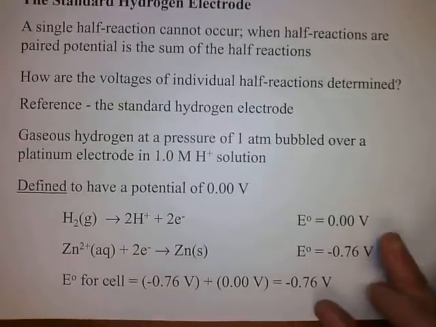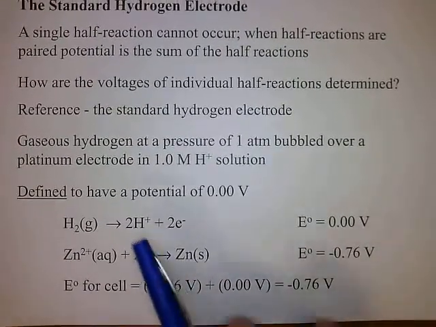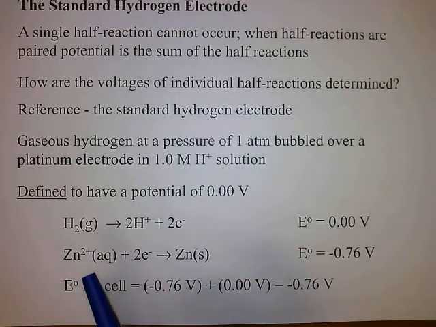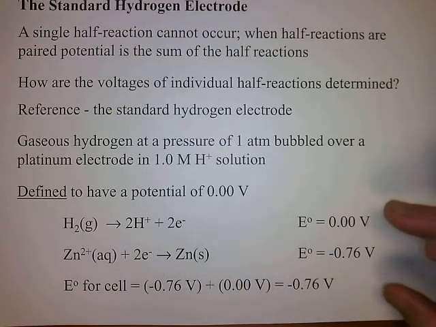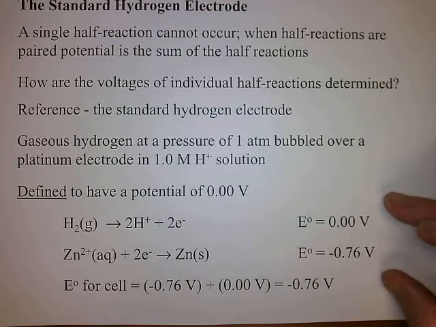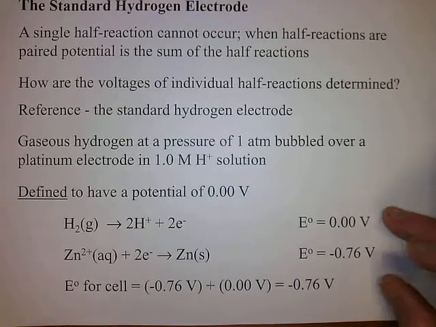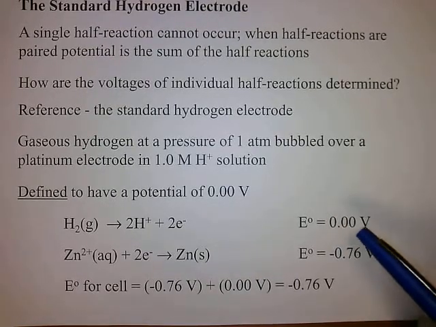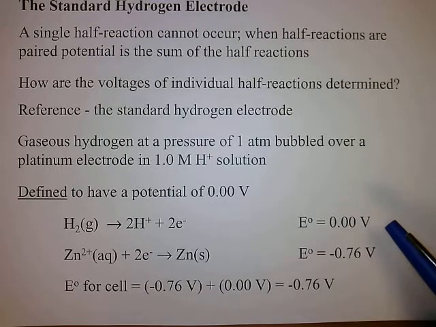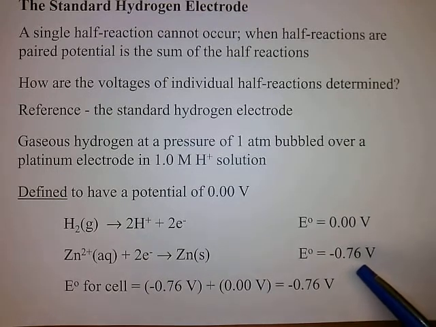So for example, if we pair the standard hydrogen electrode with the reduction of zinc and we measure the potential to be negative 0.76 volts, well, because this is defined to be 0, we know this to be negative 0.76 volts.